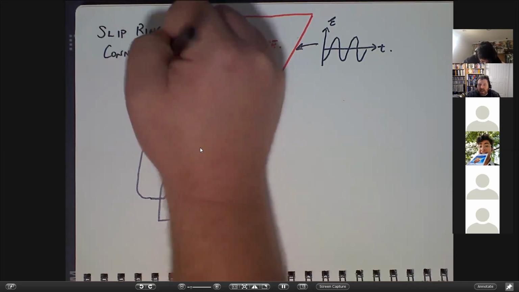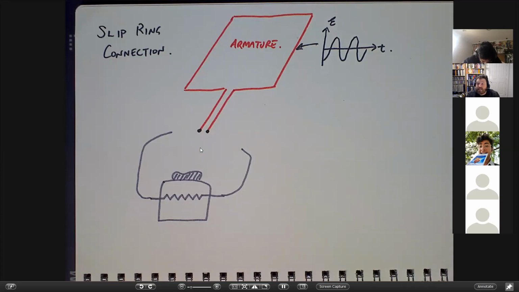At this point, I would like to apologize on behalf of engineers everywhere that the two names for these things are so similar when they have completely opposite function. There's nothing we can do about it now, but if we want AC electricity out, we use a slip ring. If we want DC out, we use a split ring.